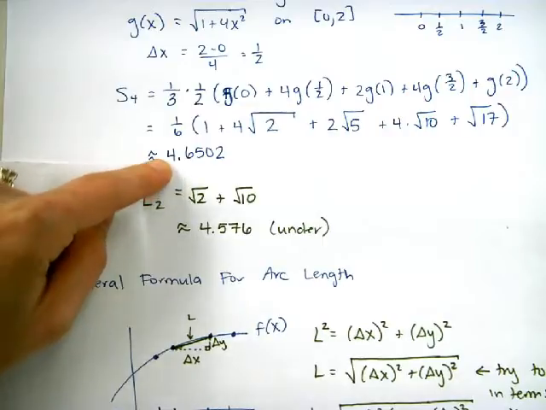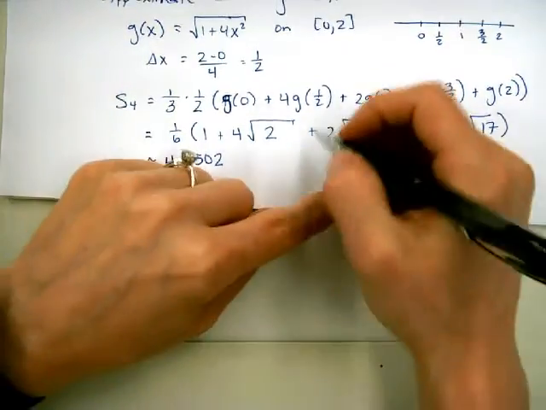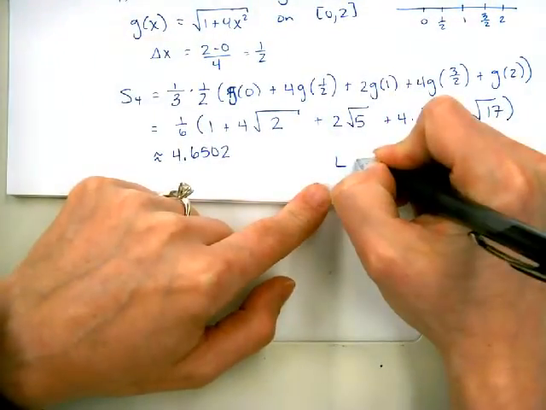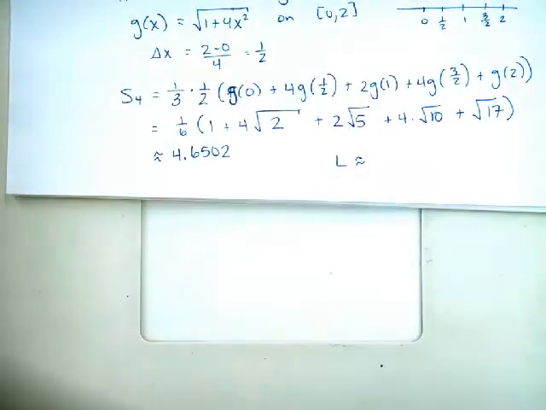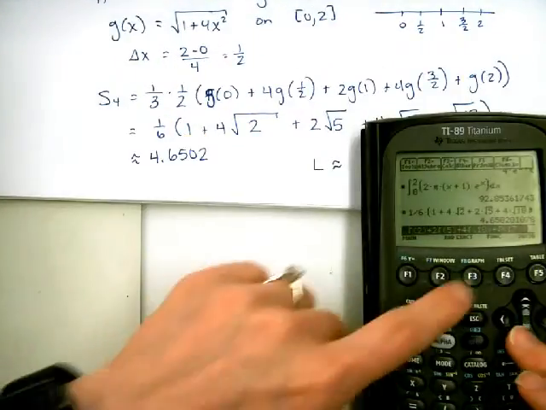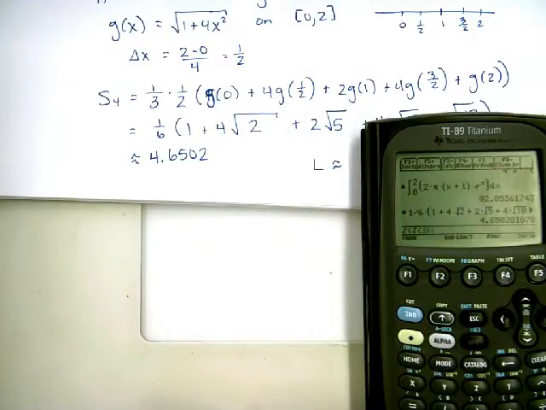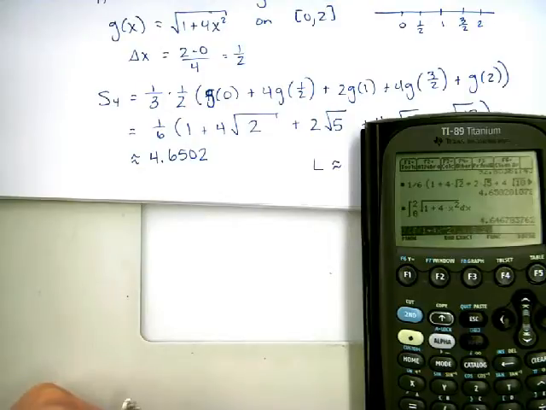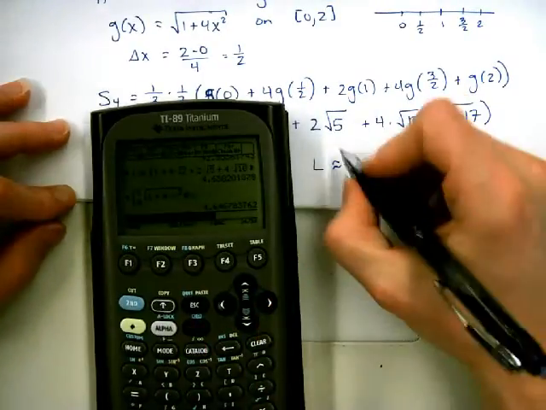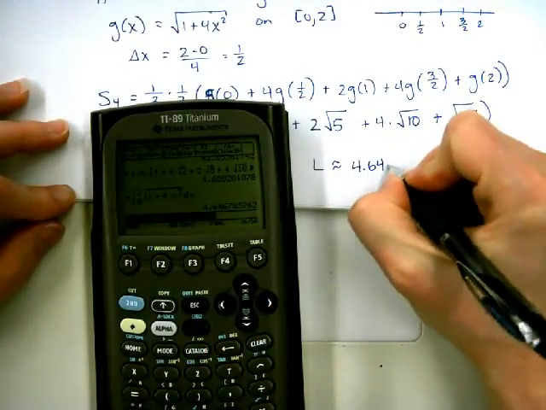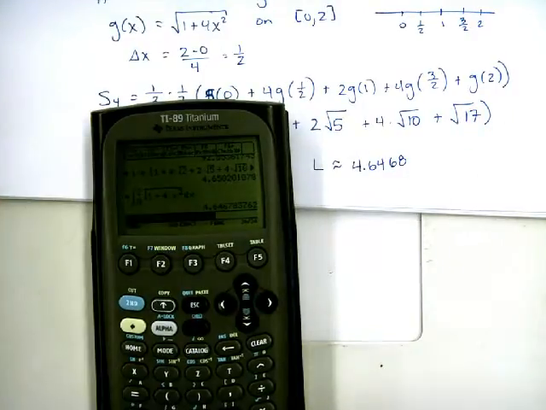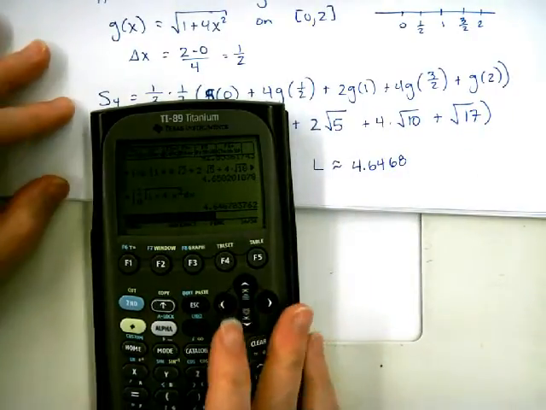Okay, so notice this is larger, so this is a closer approximation than just using those 2 lines. The actual arc length, if I use my calculator to approximate the integral, F3, integrate, so I want square root 1 plus 4x squared, comma x, comma 0, comma 2, is about 4.6468 if I'm going out to 4 decimal places.